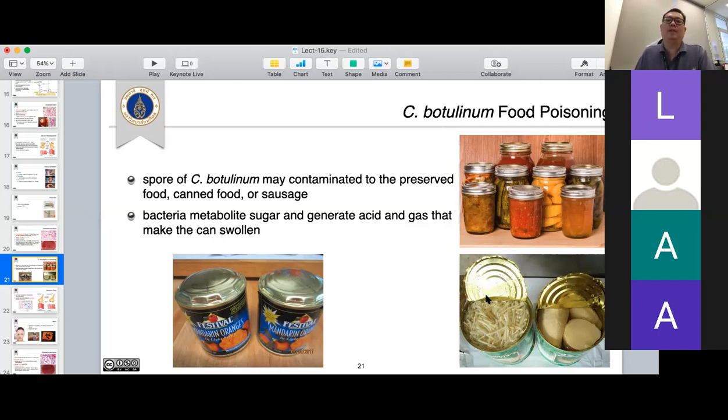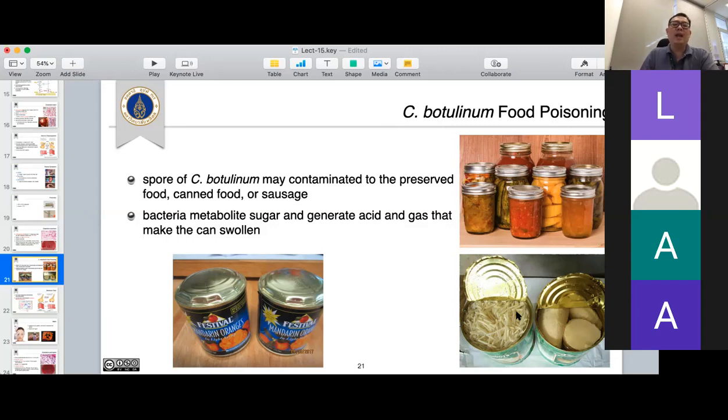Canned food, preserved food, that's the target. Once you close the jar or the lid of the can, the food factory will fill in some juice, some water, some soup, up to the top, and that becomes an anaerobic condition.